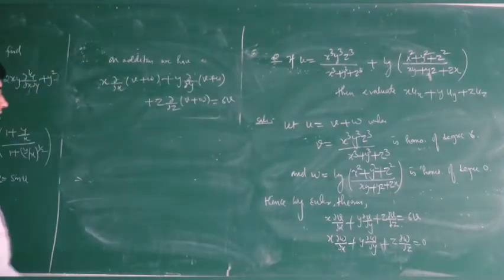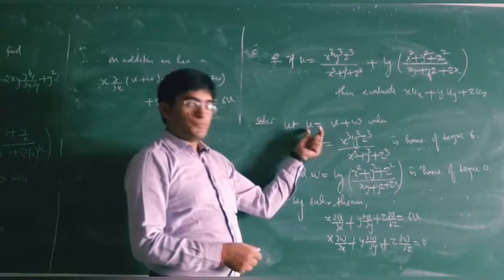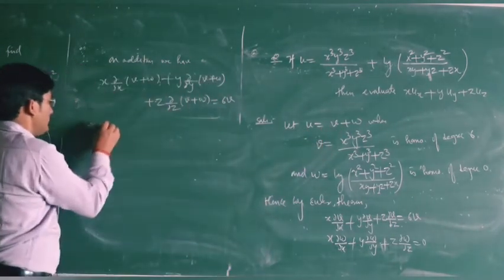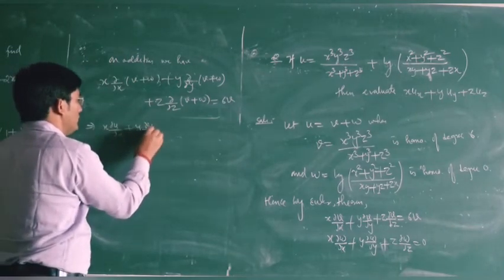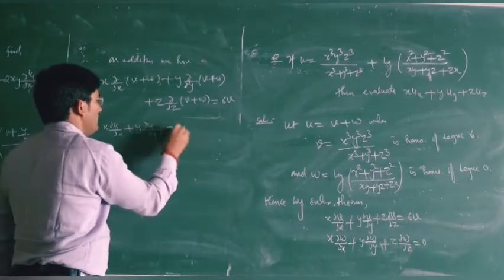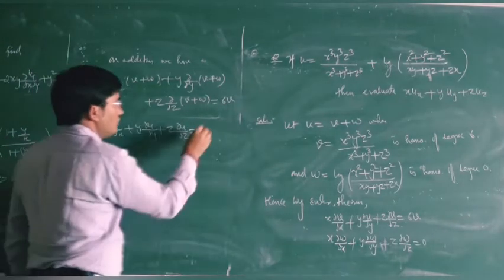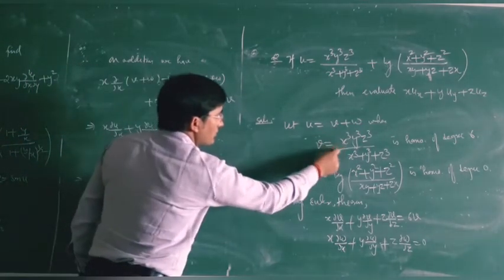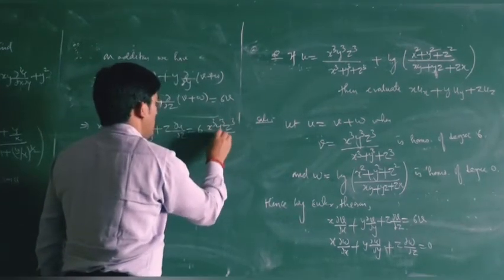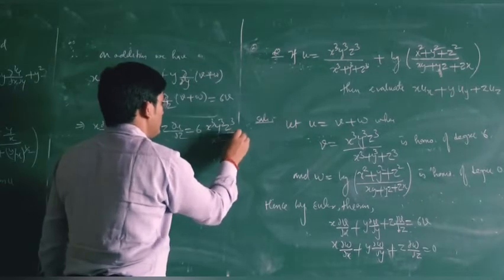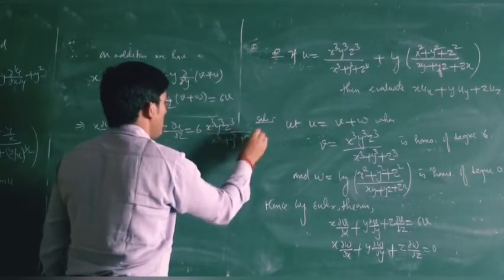So as v plus w is u, x into del u upon del x plus y del u upon del y plus z del u upon del z equal to 6 into v, and v was x cube y cube z cube upon x cube plus y cube plus z cube. So this is your answer.